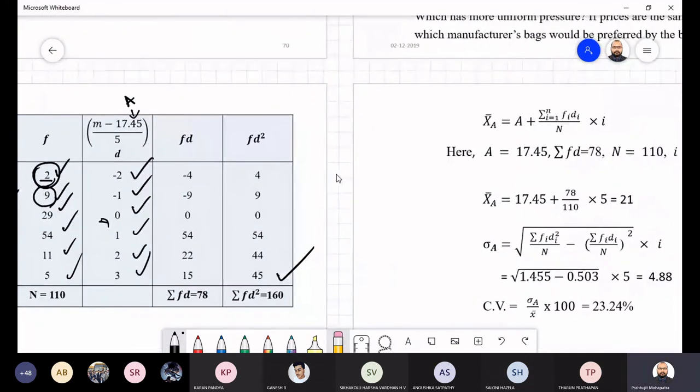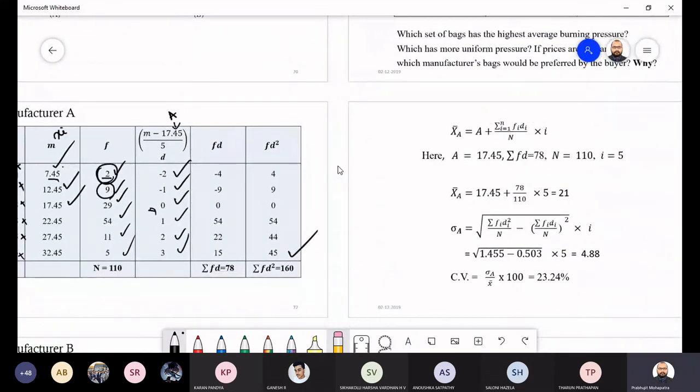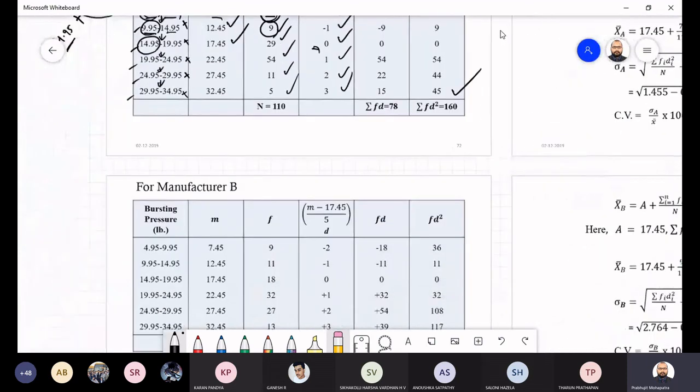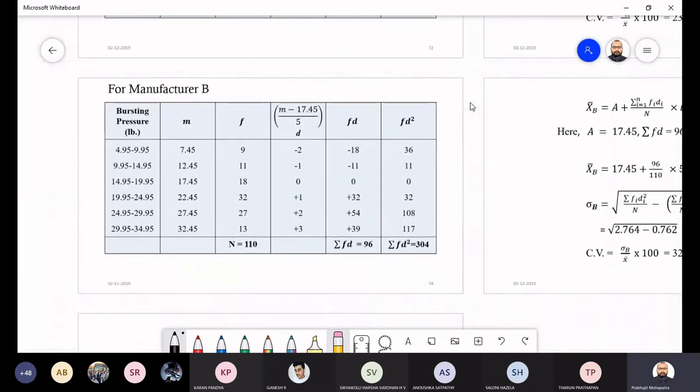Here they have used the assumed mean method. Like I said, you can follow any method. They calculated and got the standard deviation as 4.88 for the first manufacturer, and the coefficient of variation as 23.24%.